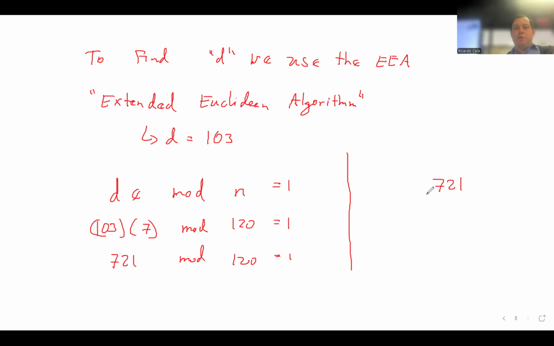So 721 divided by 120, that's going to be 6, which is 720, and the remainder is 1. You guys see that? And so it meets the condition also. Got it? All right, so this is kind of just a review of everything, a final set of problems for this.